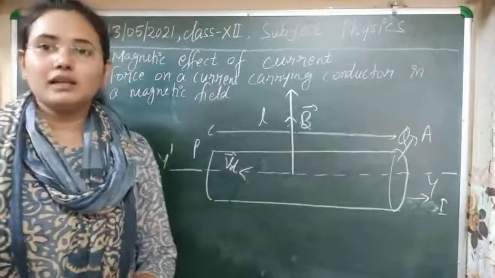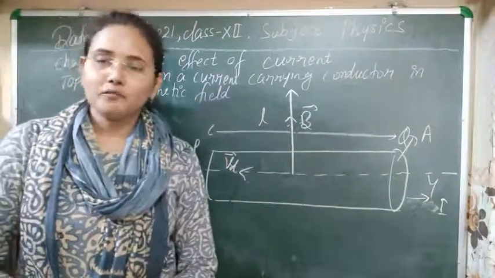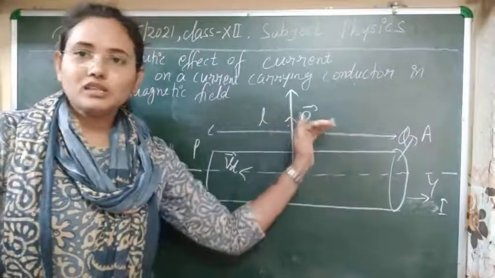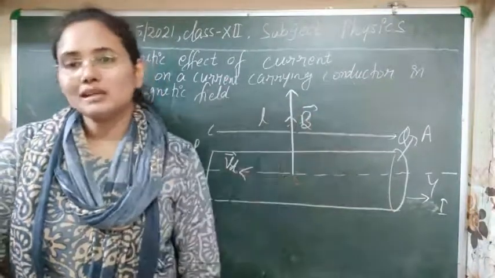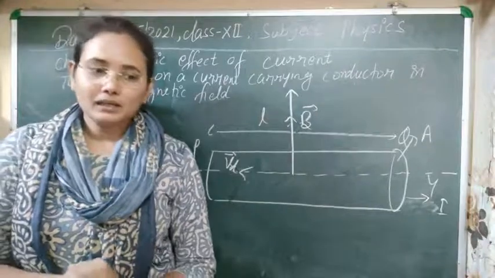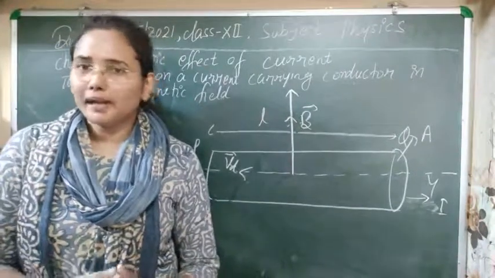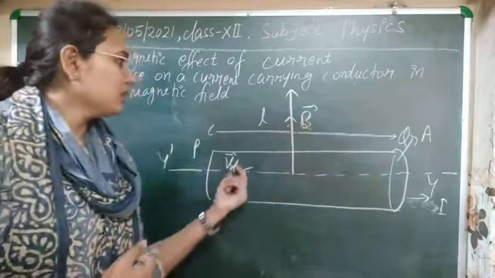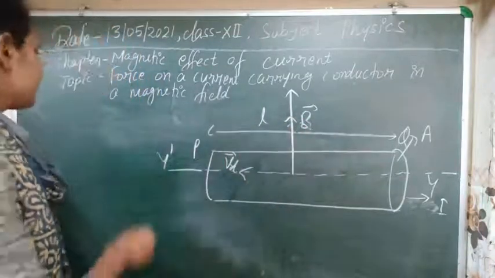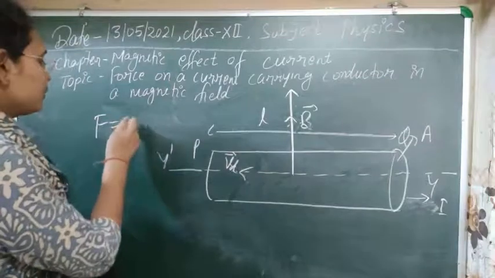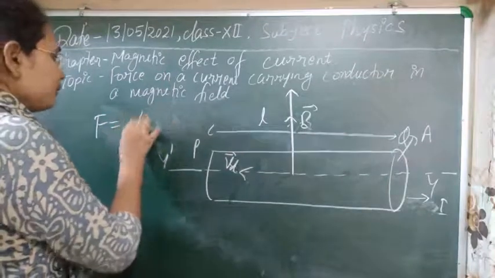For this particular case, we know that the force experienced by the charged particles will also be in a direction perpendicular to both, and that force is given by F is equal to Q V cross B.